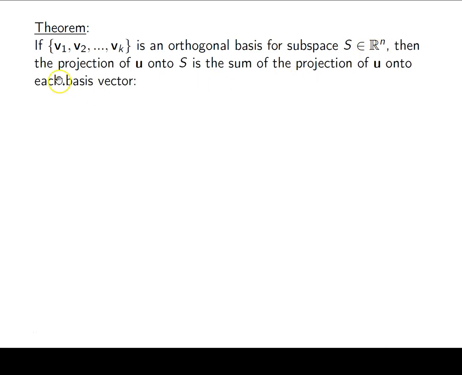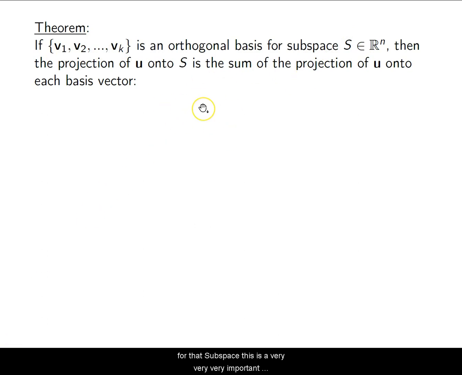Then the projection of U onto this subspace is the sum of the projection of U onto each basis vector that forms S. Okay, so again, I can project a vector onto a subspace. And the way that I project this vector onto a subspace is that I project it onto all of the vectors that forms the orthogonal basis for that subspace.